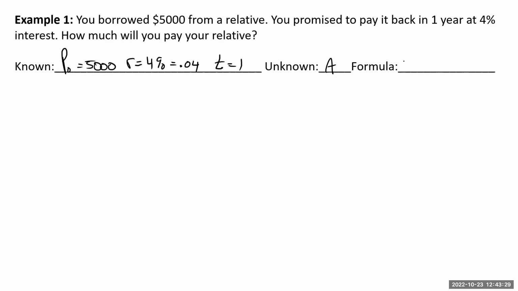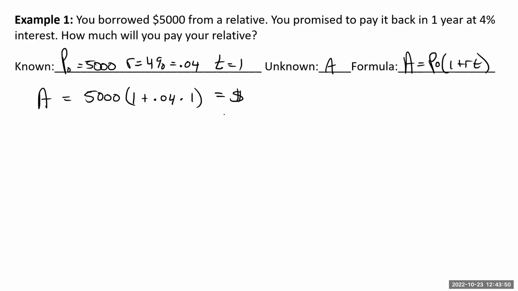So I'm going to use the second formula, A equals P sub 0 times 1 plus RT. So substituting in here, we have A equals 5,000 times 1 plus interest rate as a decimal, 0.04 times my T value, which is 1, is equal to the following.